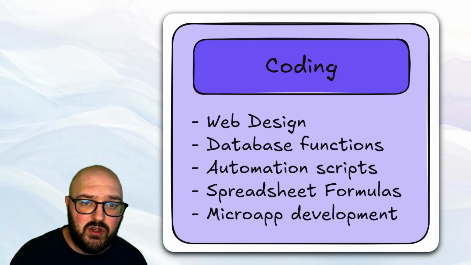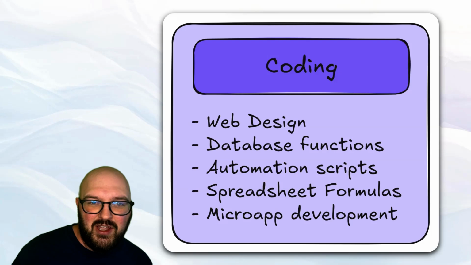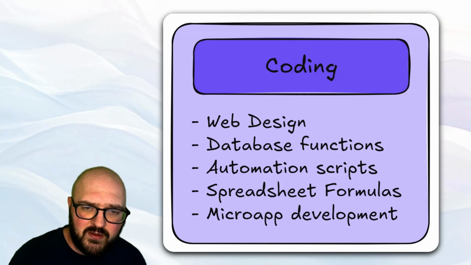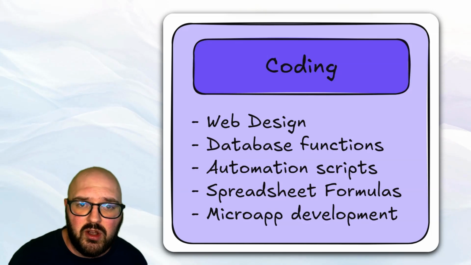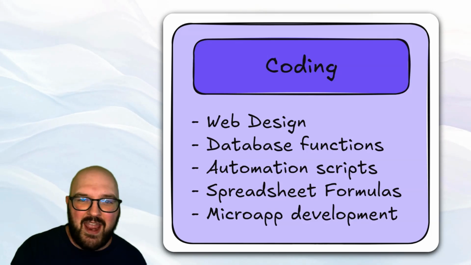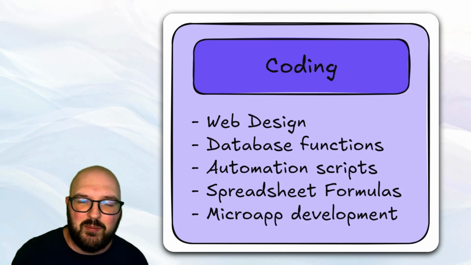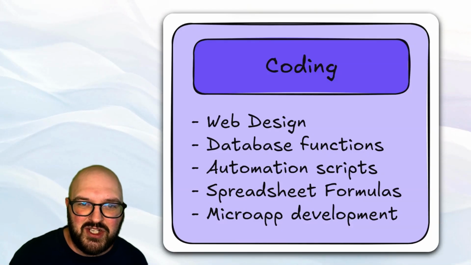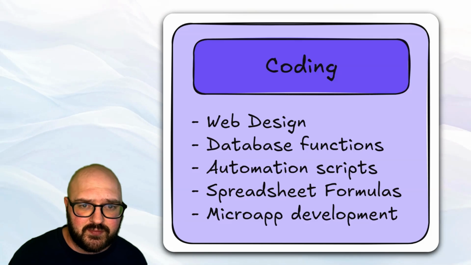For example, you could ask it to create an automation script that will look at a variety of cells. Maybe it's information that you've downloaded from your CRM about your potential clients or your cold calls or whatever. And then you can say, okay, read all this information in all of these cells and then output a personalized email in the final cell based on all of that information, using a call to a large language model API.